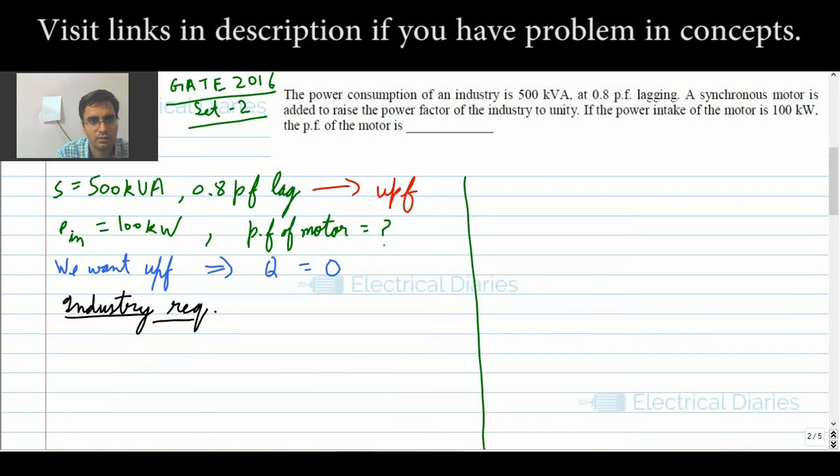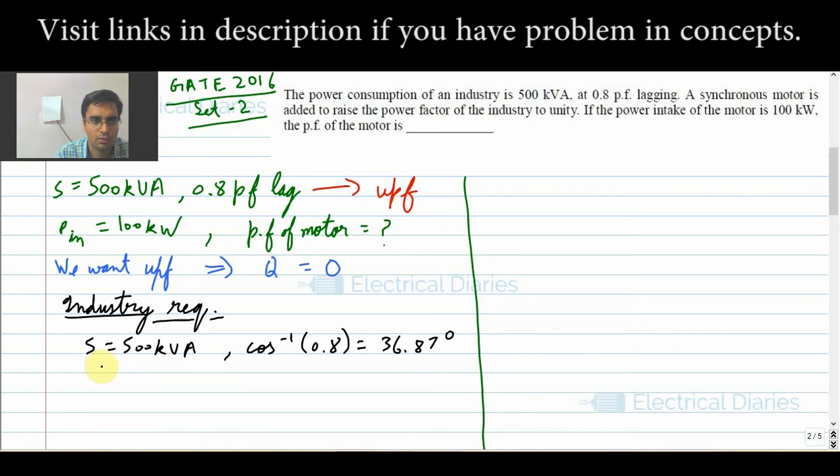This is a simple power system question, but you should know this. Industry requirement will be what? S is 500 kVA, and you have to find your angle, cos inverse 0.8, which is 36.87 degrees. So S is equal to 500 kVA at 36.87 degrees.